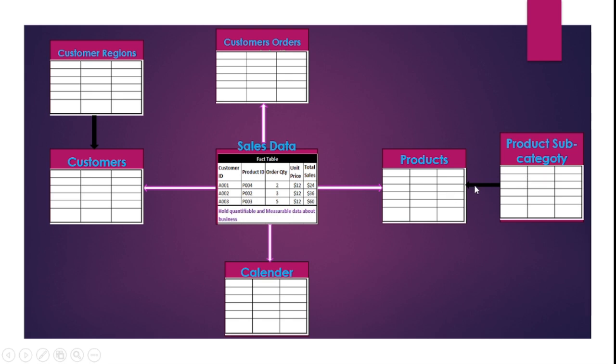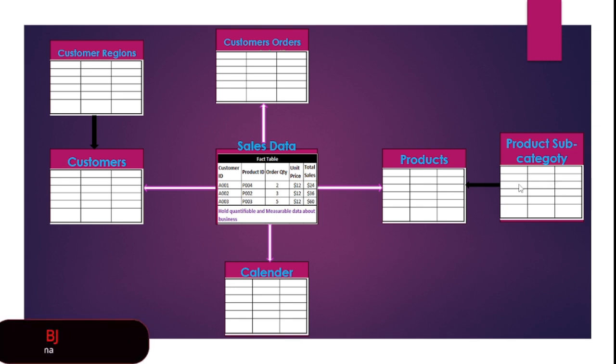The joins here is this arrow here, where we can have a single join or multiple joins. But now the joins are being multiple in the sense that after having a dimension table products being connected to sales table, we are also having another join from products to a subcategory, product subcategory.